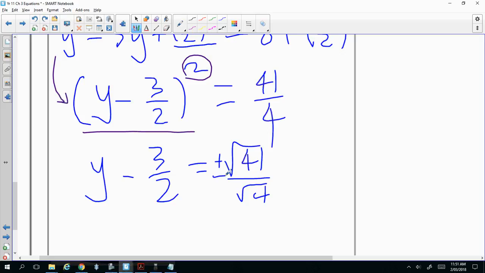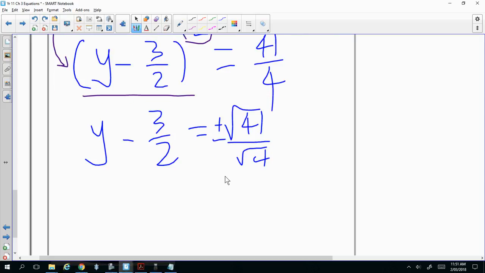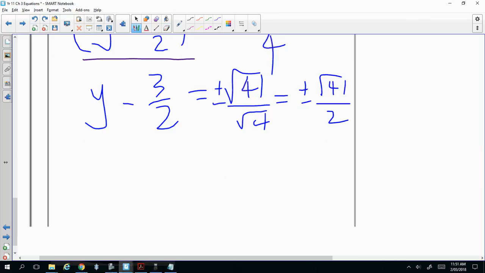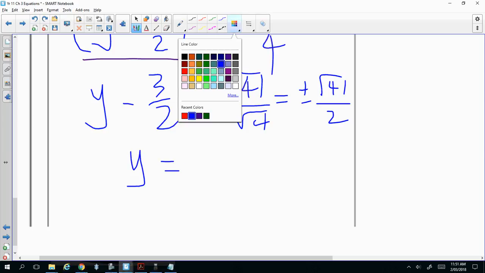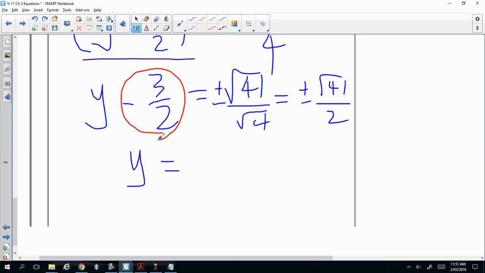So the square root of 4 is just 2. Just write plus and minus root 41, which is over 2. And then what we do is we're going to move the 3 over 2 to the other side, which is 3 over 2 here. Plus and minus root 41 over 2.